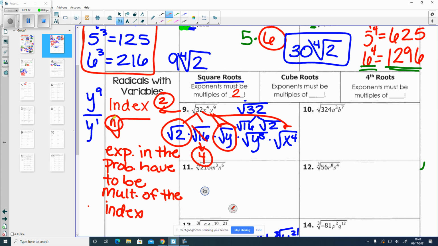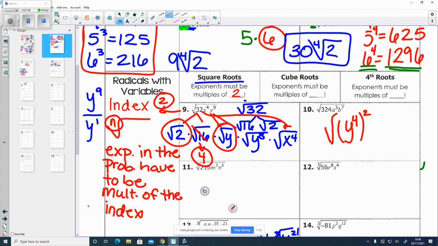So y to the 8th is like saying it's like saying y squared times y squared, so it's y to the 4th squared. Do you agree that 4 times 2 is still 8?